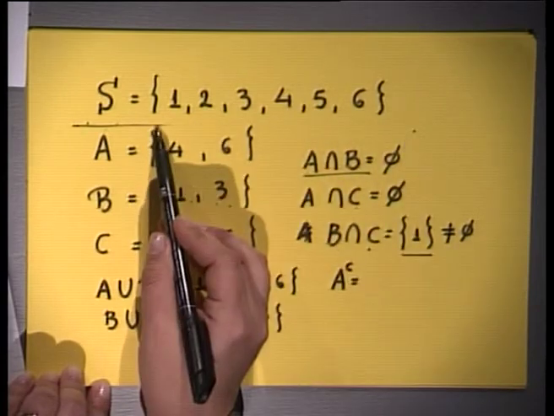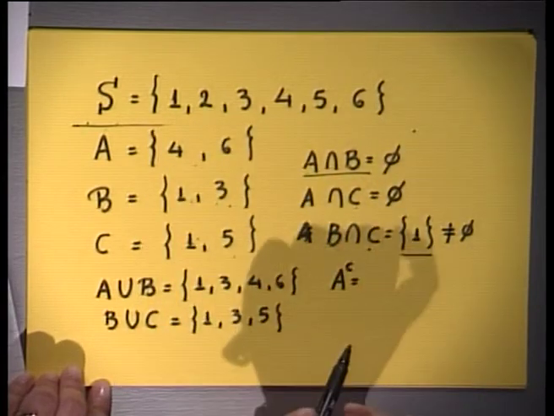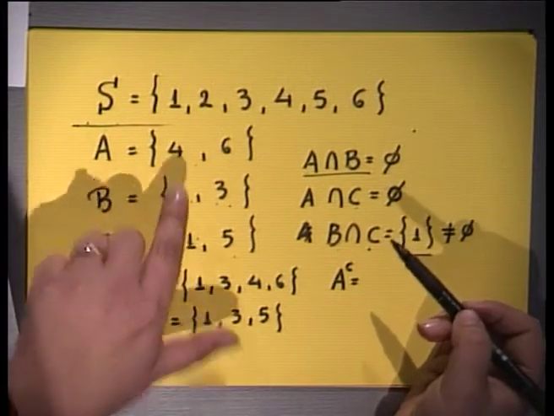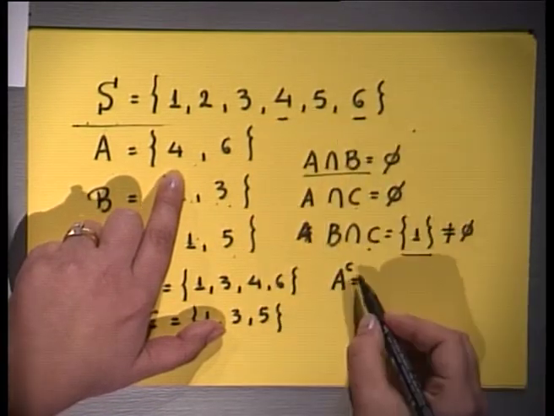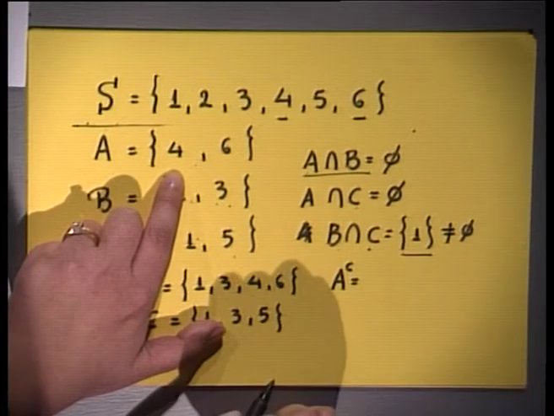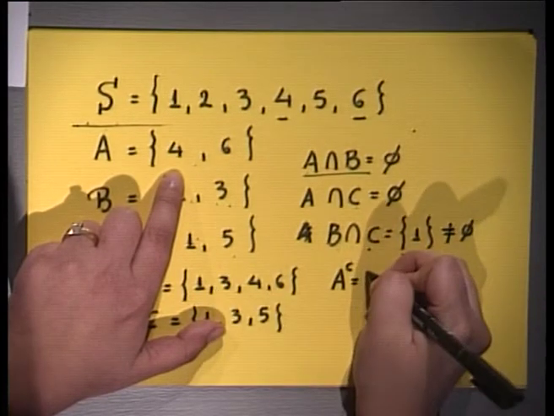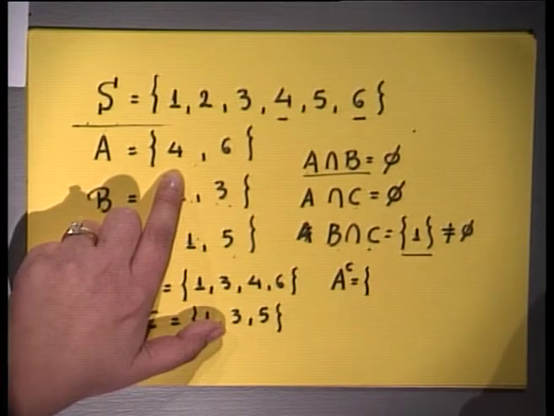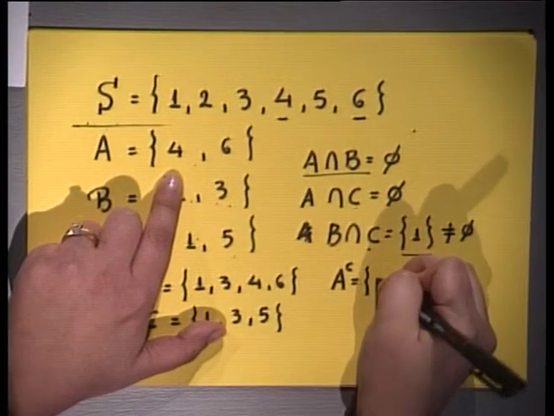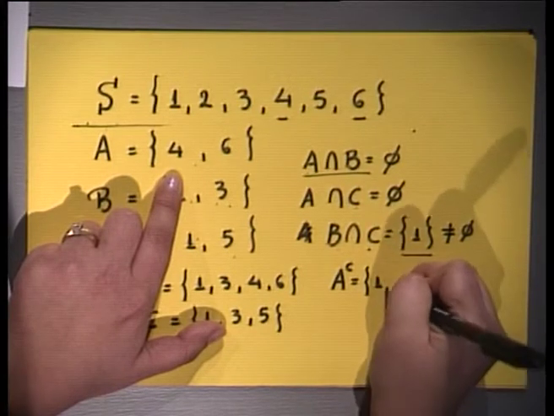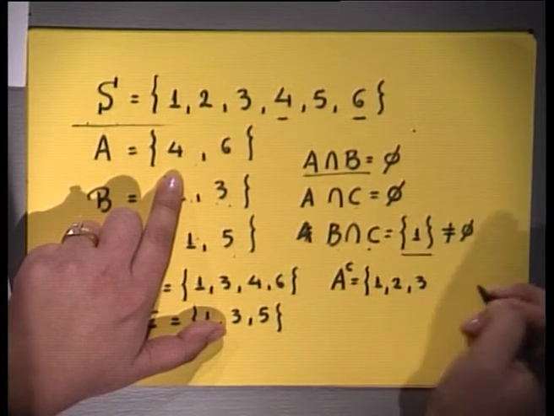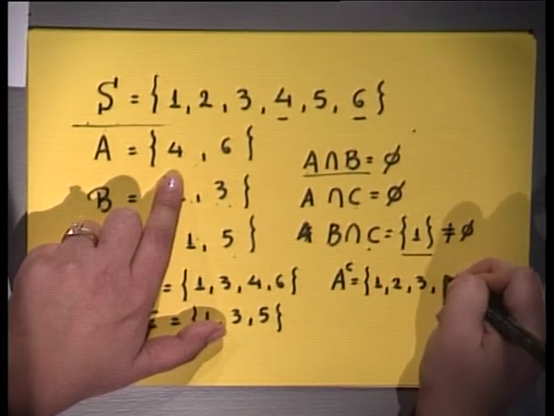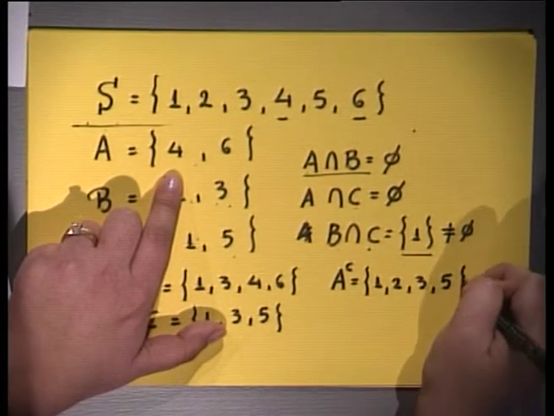We need to know exactly what our sample space is. And if we leave out the elements of A, the complement of A will be the set that has the remaining elements: 1, 2, 3, and 5.